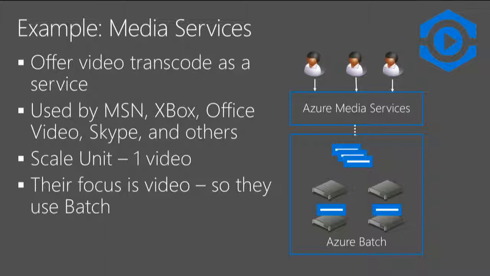They have this focus on video, so they use Batch to do the underlying pieces for them. Once again, if people schedule 1,000 or 10,000 videos, they simply schedule up that many tasks. As their queue gets too long, they do exactly what we were doing there, which is go say, I need more VMs. And those VMs come up and start up. Batch takes care of installing the transcoding software, the codecs, and all the other pieces for them. So all they have to do is just continue to schedule work. And all the VMs will work the same, very much like scale sets, actually.